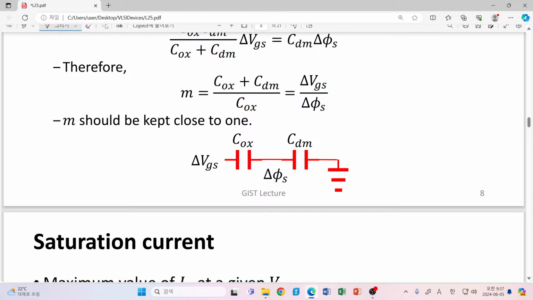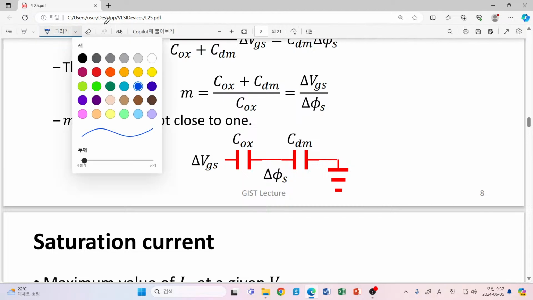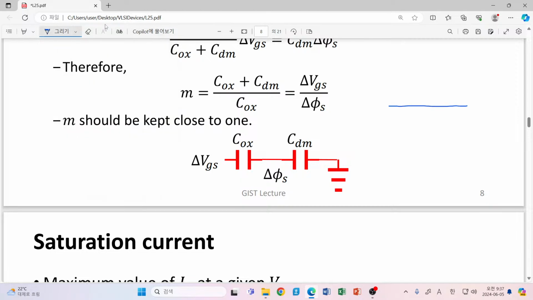This is a real practical problem, so it is not just an ideal one. Think about a finite silicon substrate.